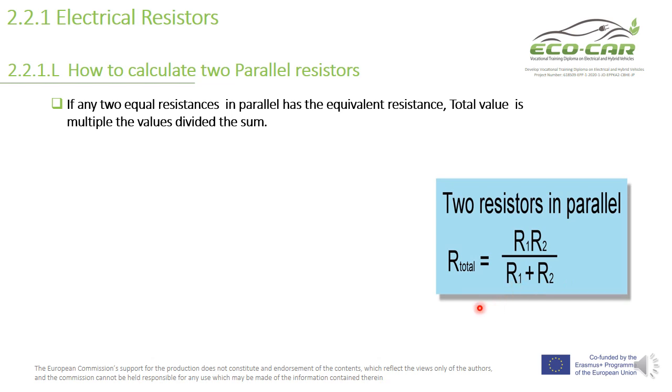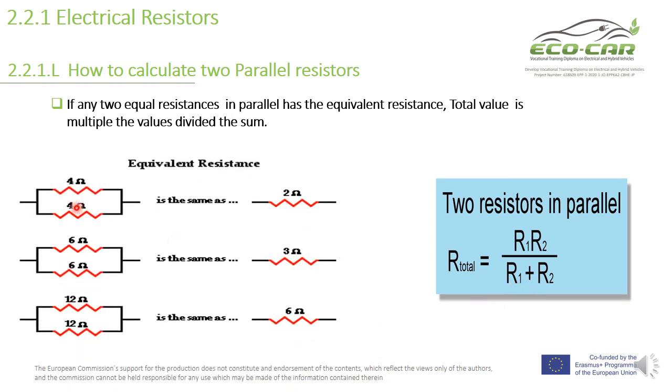Let's see an example here. We have two equal resistances. Using the formula, 4 by 4 divided by the sum, 8: 16 divided by 8 is 2.